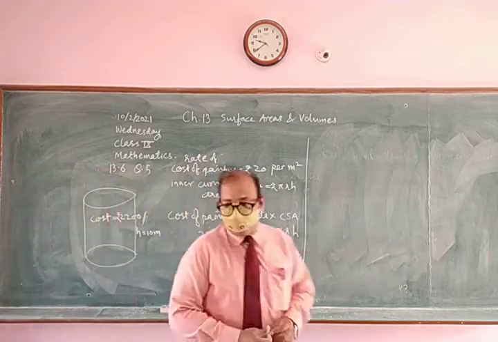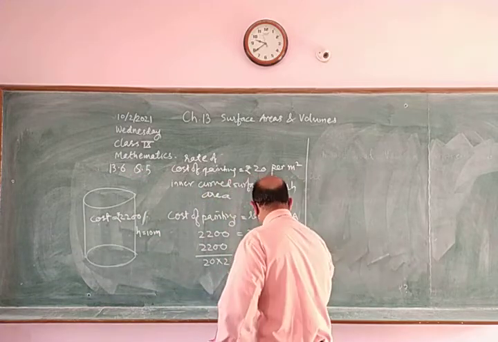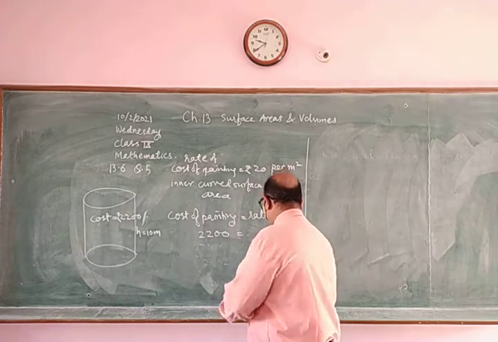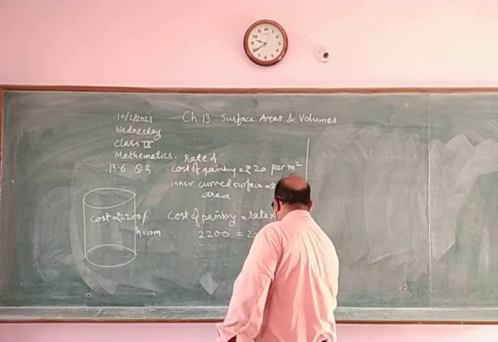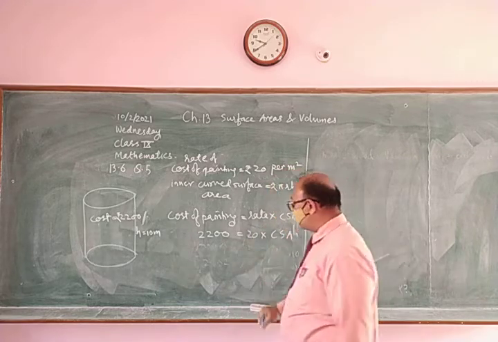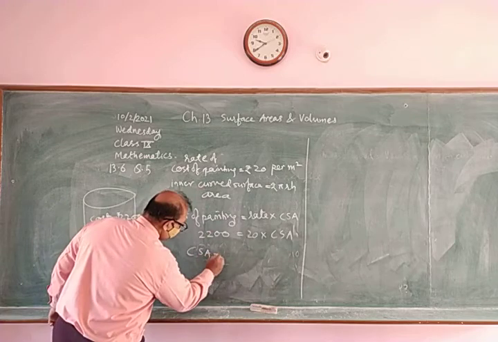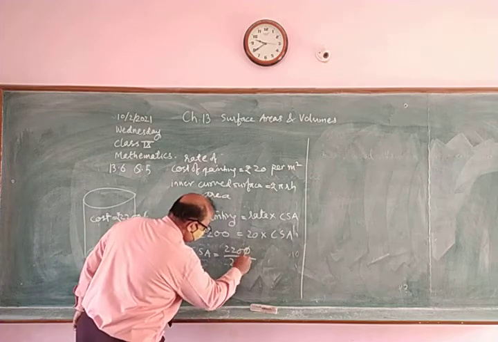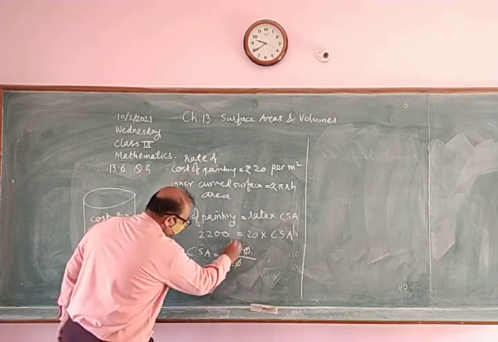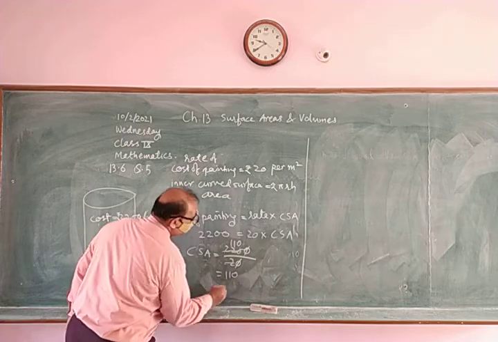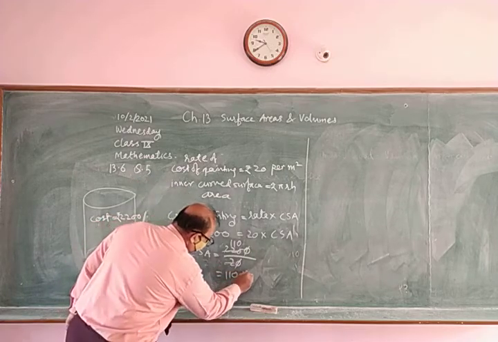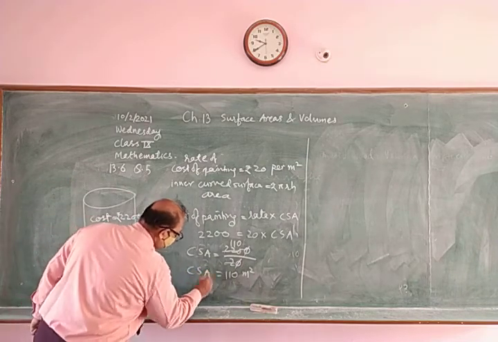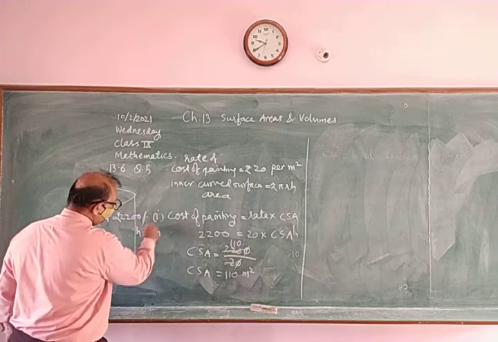So directly you can find it: curved surface area is equal to 2200 divided by 20. 0 and 0 cancel. 110 square meter. This is the curved surface area. First part, answer 1.